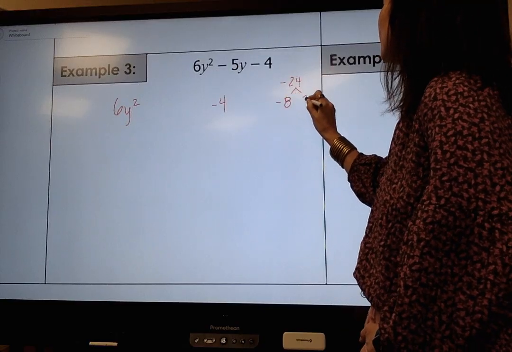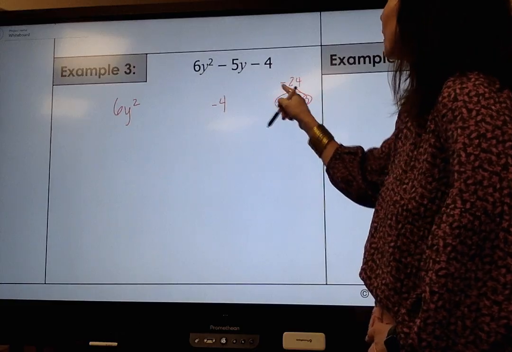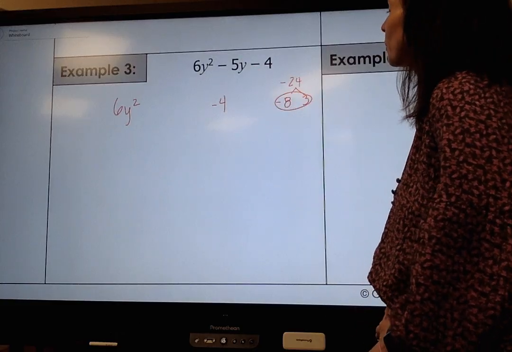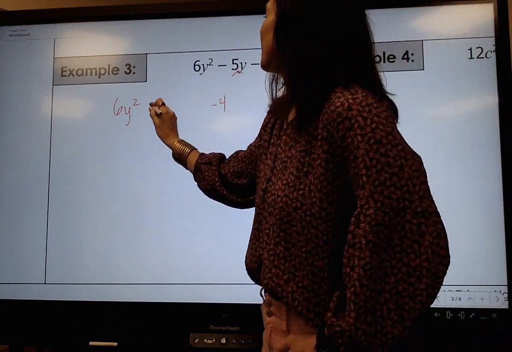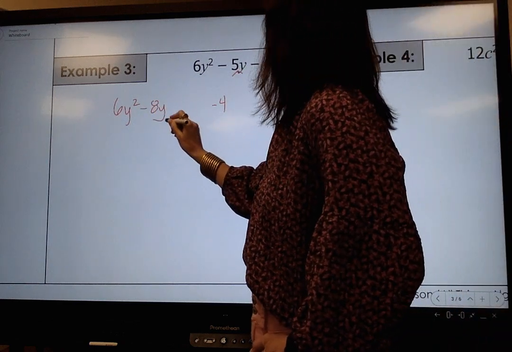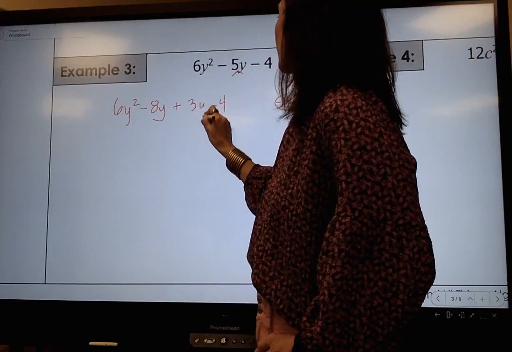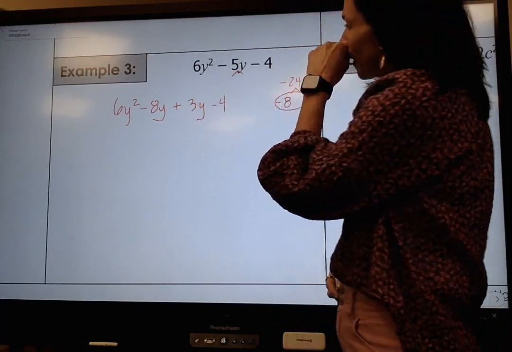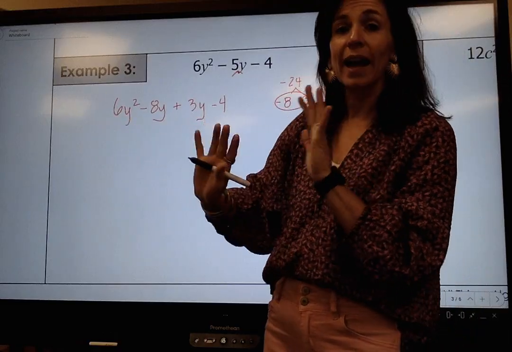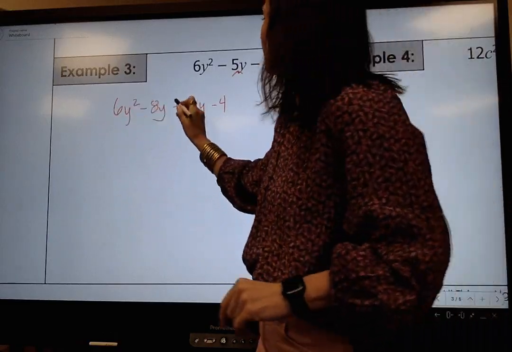Negative 8 and 3 combine to give me negative 5 and multiply together to give me negative 24. Perfect. So I'm splitting up that middle term and putting negative 8y and a positive 3y. Again, they combine to give me negative 5, multiply together to give me negative 24. Perfect. I now have 4 terms. I split them evenly.